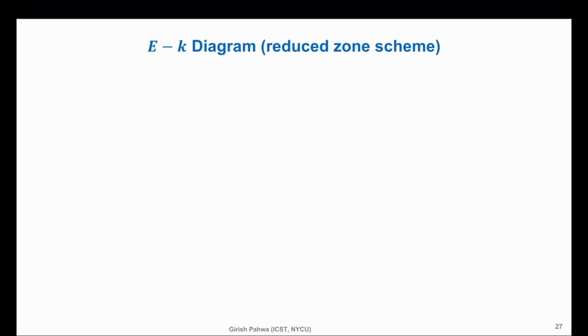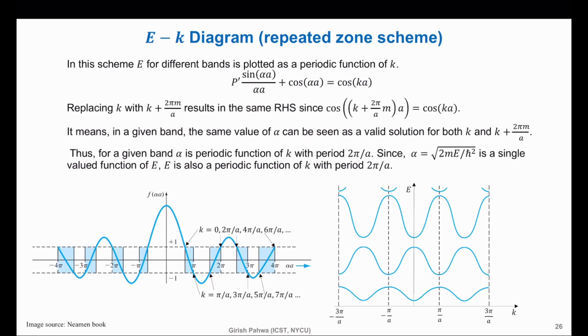Okay, so the last scheme is the reduced zone scheme. You know that this is a periodic function, and the same thing is going to repeat everywhere. So why plot that? I can simply plot my information from minus pi by a to pi by a, and then it is understood that it's just going to repeat. I can simply reduce my information to this region, because I know that this is just periodic, and this is the same information.